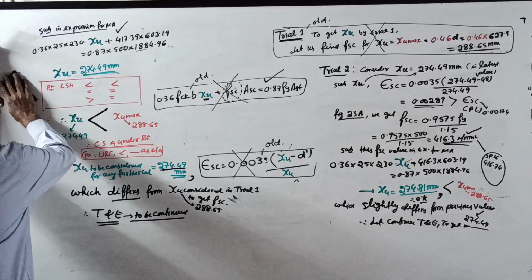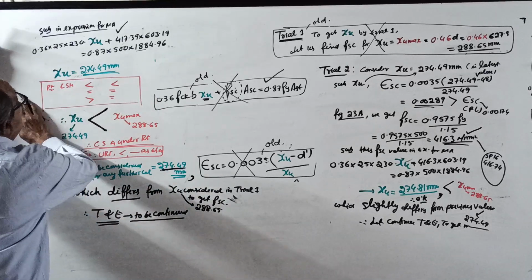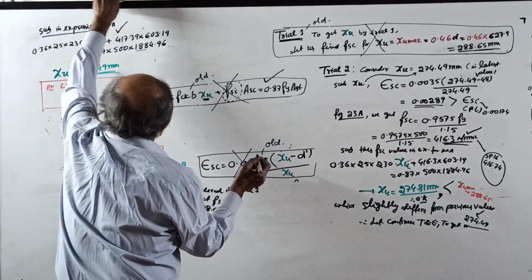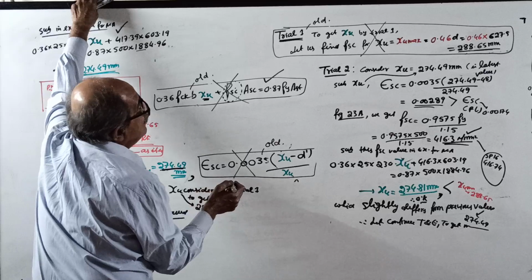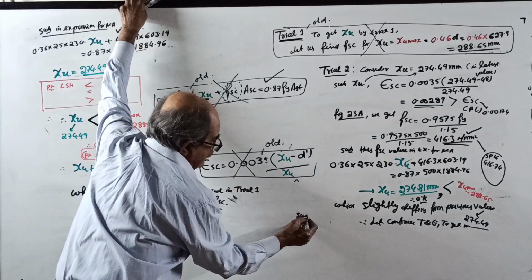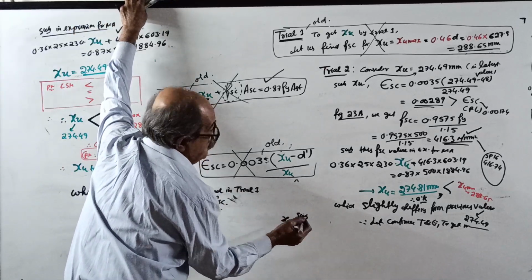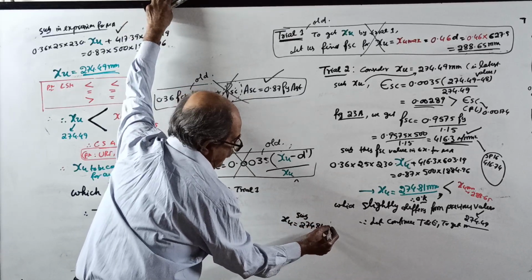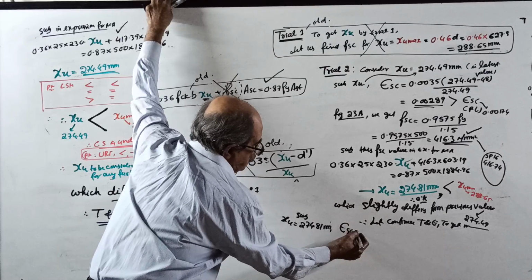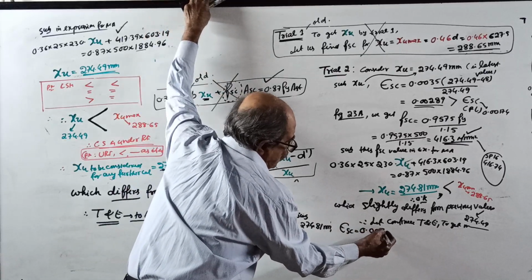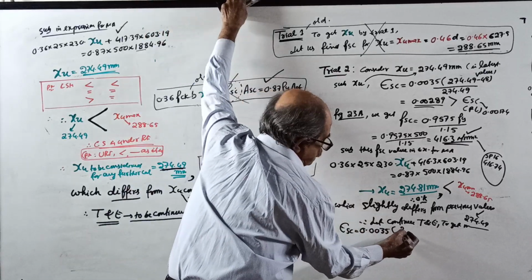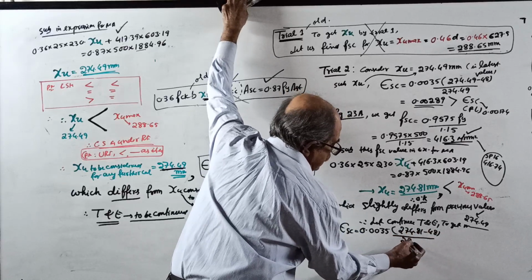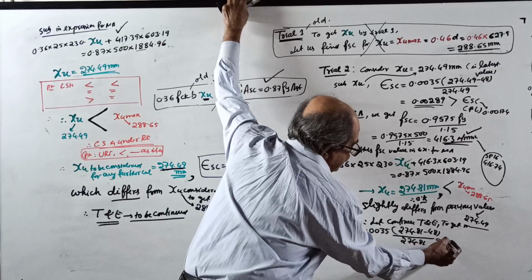Okay, now I can save the time now. See now, correctly see what to do. Substituting, where is the equation? Substituting XU equal to 274.81 millimeter, epsilon SC equal to 0.0035 into (274.81 minus 48) divided by 274.81.